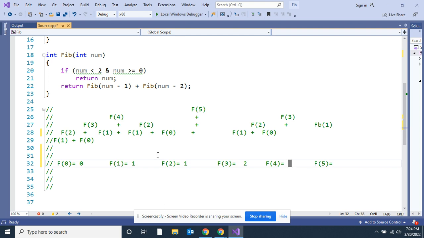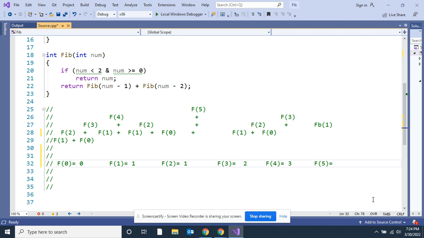All right, here's our F4. F4 equals F3 plus F2. So we know that F3 equals 2 and F2 equals 1. So that means F4 equals 3.